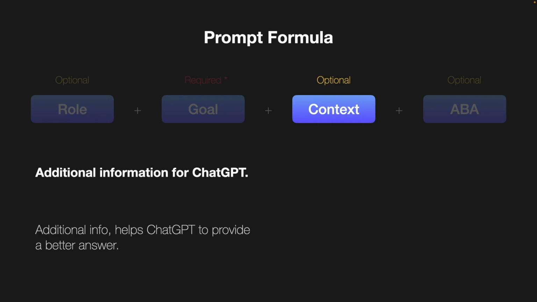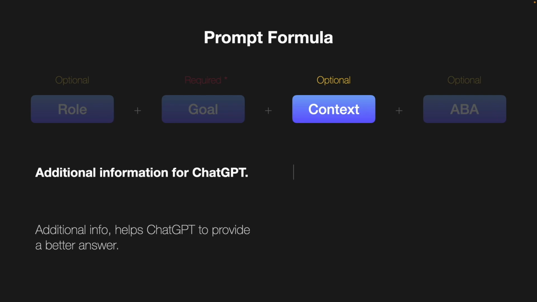That was additional information, or in our formula, we call it context. But there are more types of context, and for that, I created a list for you, so you can use this list based on the situation you have and the needs you have for your prompt.